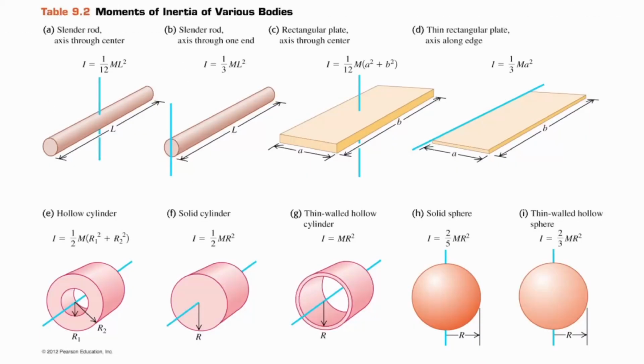Is there an entry on the table for an object sitting on the edge of a merry-go-round? No, right? We can model the merry-go-round, but it's not asking me to find the angular momentum of the merry-go-round.